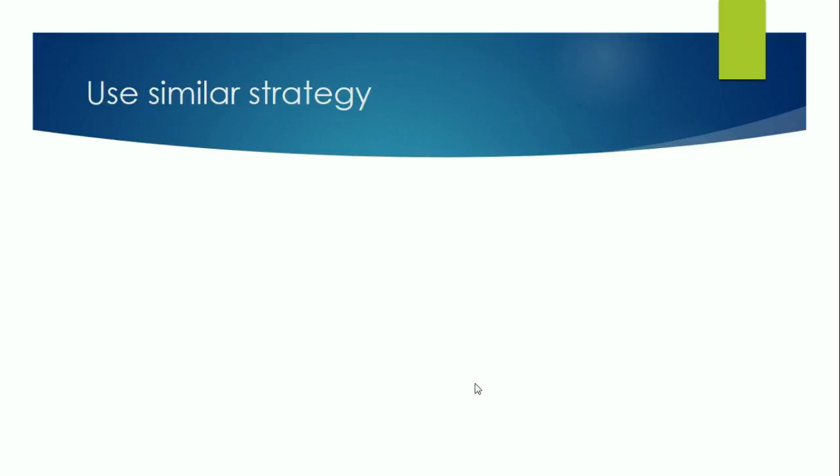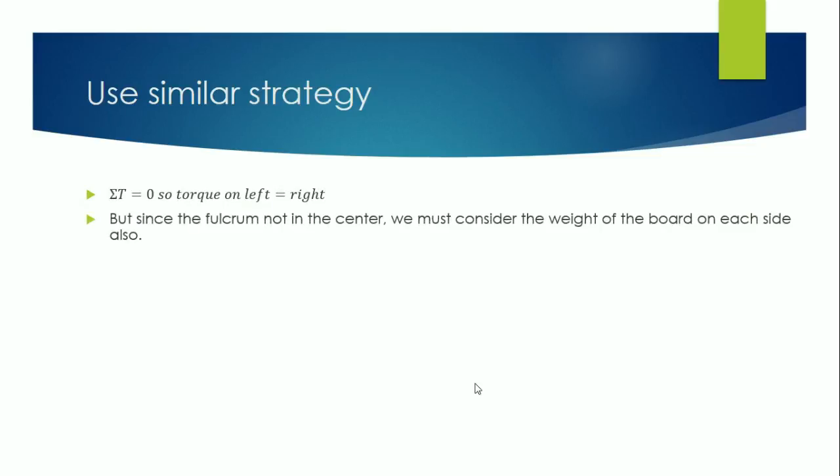So we use a similar strategy, but it's just going to get a little more complicated. It's static, so we know the sum of the torques is equal to 0. So the torque on the left must equal the torque on the right. That is a fact, because we know that they add up to 0. Since the fulcrum this time is not in the center, we must consider the weight of the board on each side also.